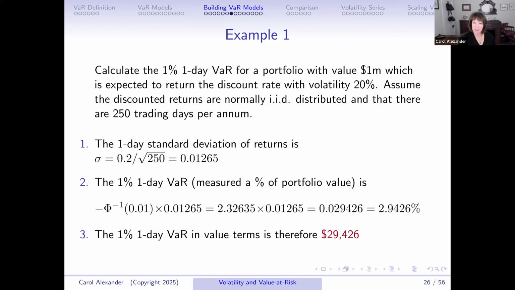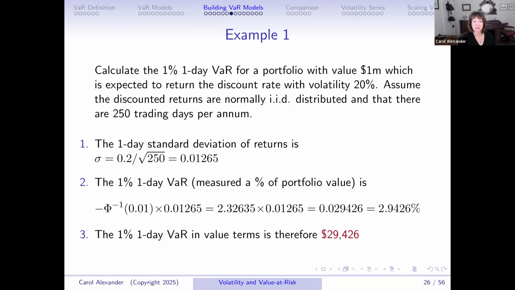The volatility is 20%. Assume the discounted returns are normally IID distributed and that there are 250 trading days per annum. Now, in the statistics section of topic 3, we definitely covered the scaling using the square root of time rule.